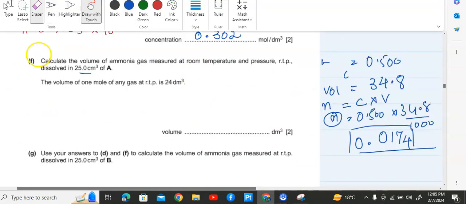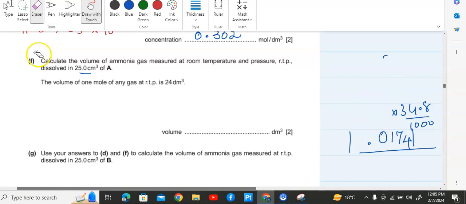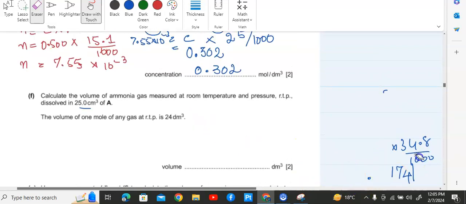Okay, now for this question, let me erase this part. Okay, for this question: calculate the volume of ammonia gas measured at room temperature and pressure, RTP, dissolved in 25 centimeter cube.